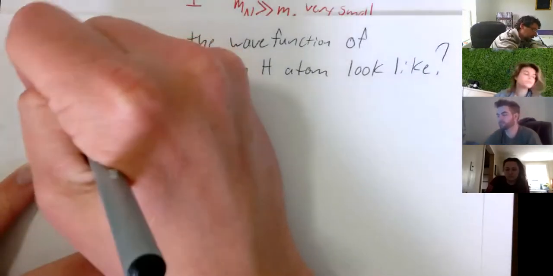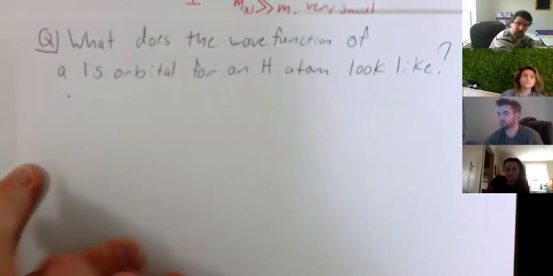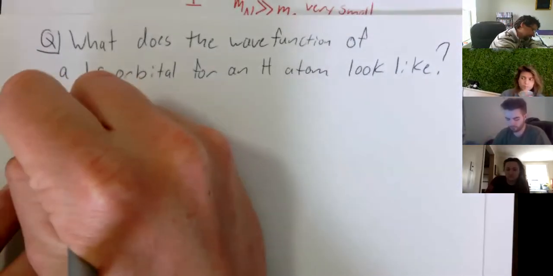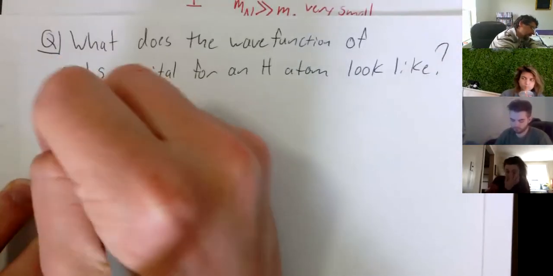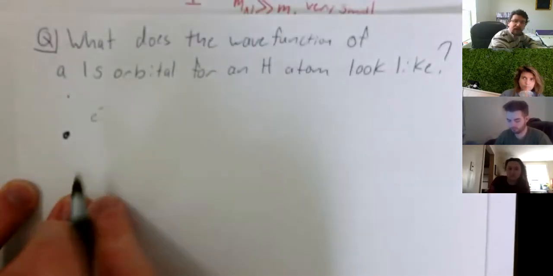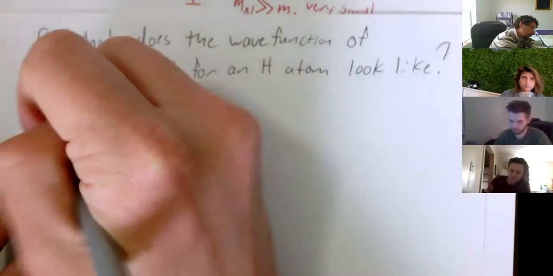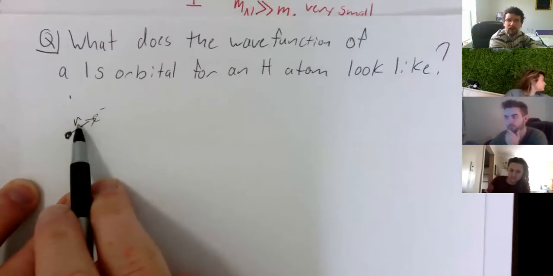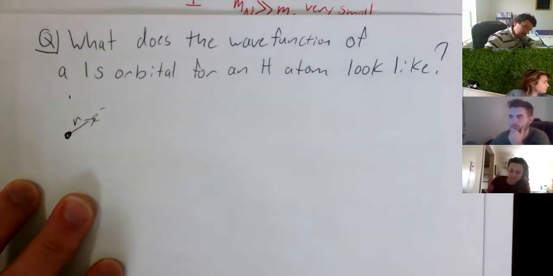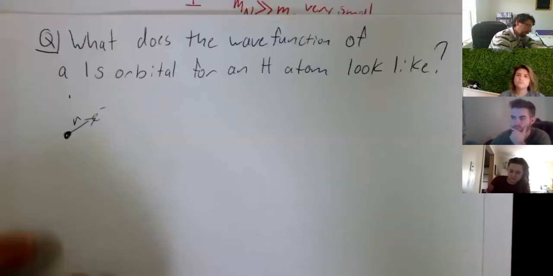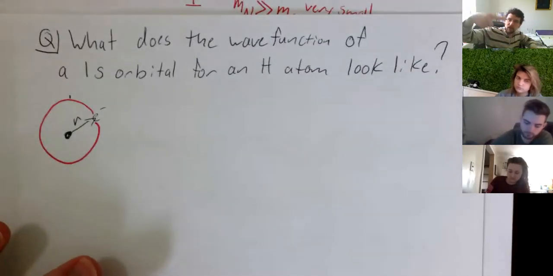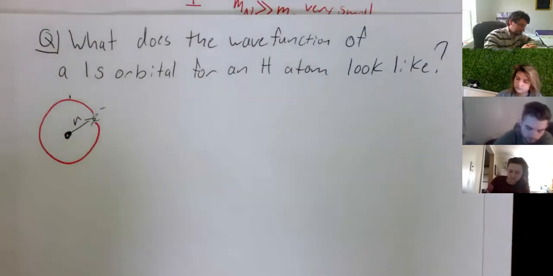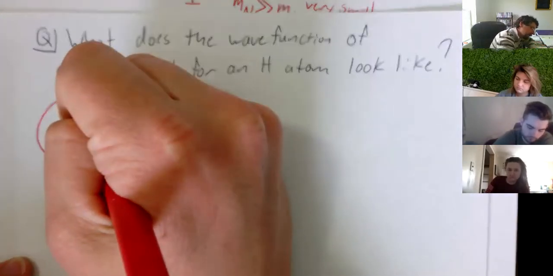So first, let's determine what things we need. We're talking about an H atom, right? So we've got that nucleus, and we've got some electron out at some point in space. We have a distance between the nucleus and the electron, r. Then we have the angle at which that electron is in this direction and then in this direction.